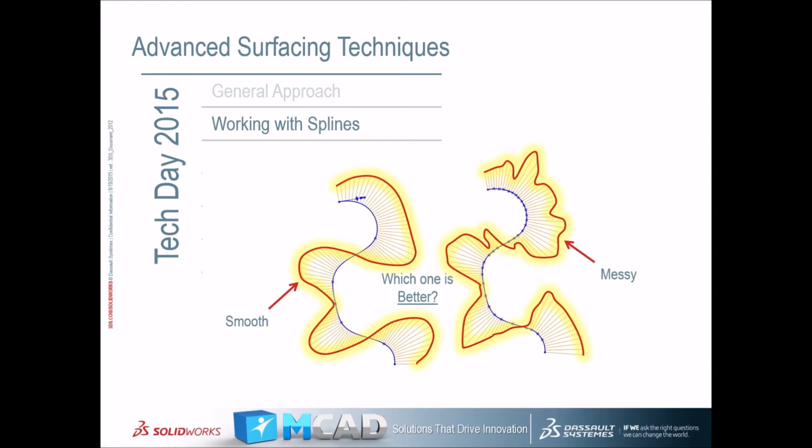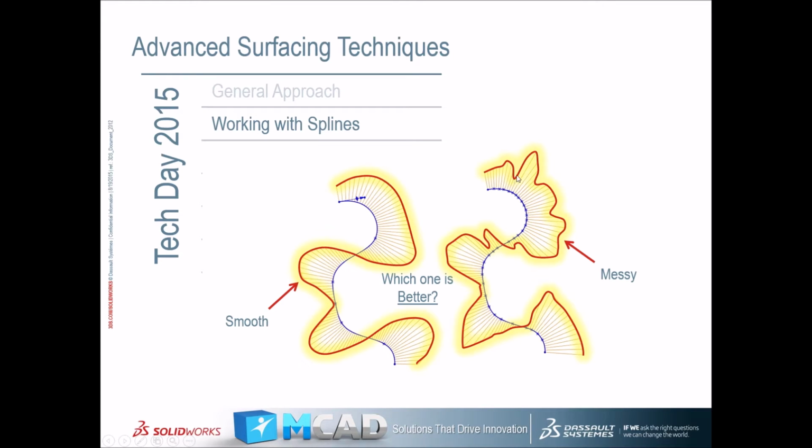at something called curvature. You can get to this by right-clicking on a spline and choosing show curvature. The lines indicate the amount of radius, or the amount of curvature, in the spline at that point. So the smoother the spline, the more consistent and gradual the change in radius is as it travels along the curve.